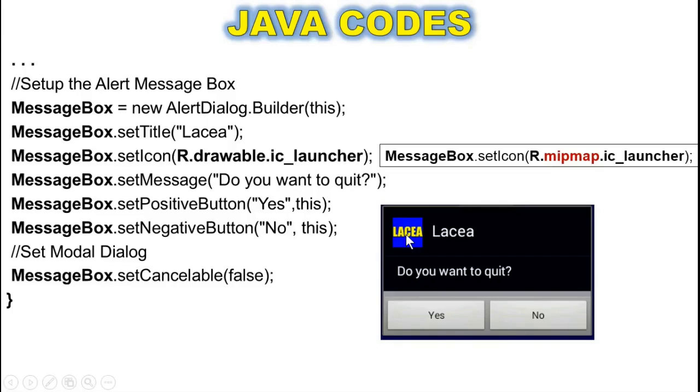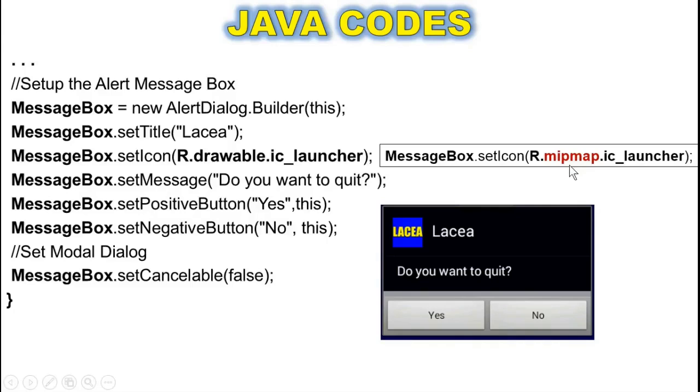If this line causes a syntax error, and you chose a mipmap as the appearance of your icon when you made a new Android project, then change that drawable to mipmap so that it will solve the problem.